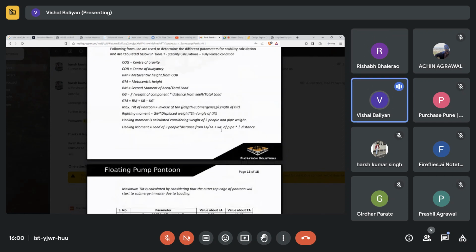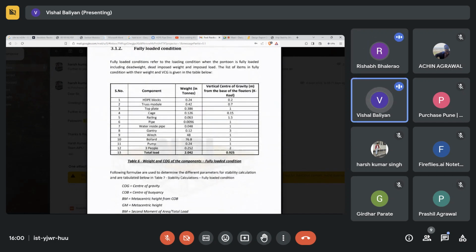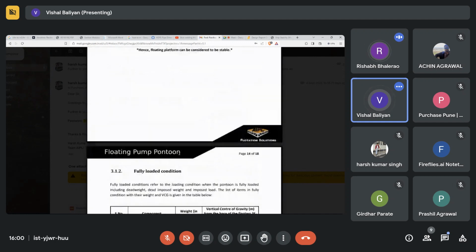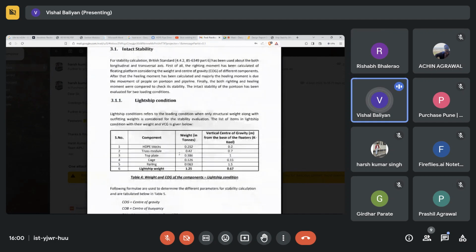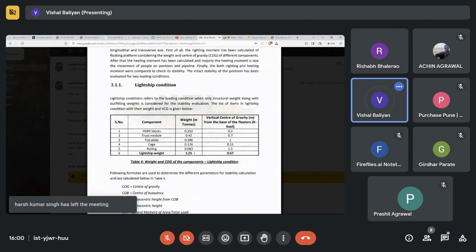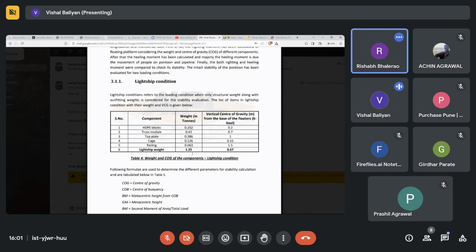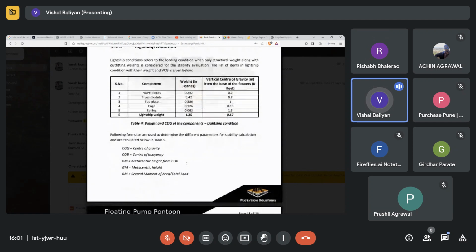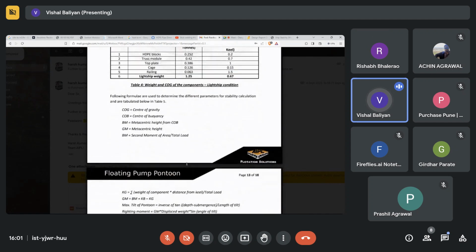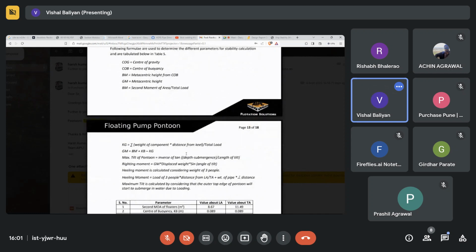Yes. As we can see here, the total weight we have considered for the fully loaded condition is 2.04 ton, and for the light ship condition it is 1.25 ton. So that is nearly around 60%. The margins change due to this. The draft will change here, and the draft is very low in the light ship condition.